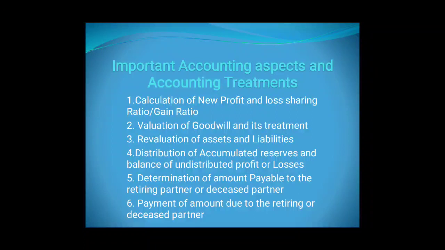So out of these 6 issues, first of all we are going to learn about the first one, that is calculation of new profit and loss sharing ratio as well as gain ratio.